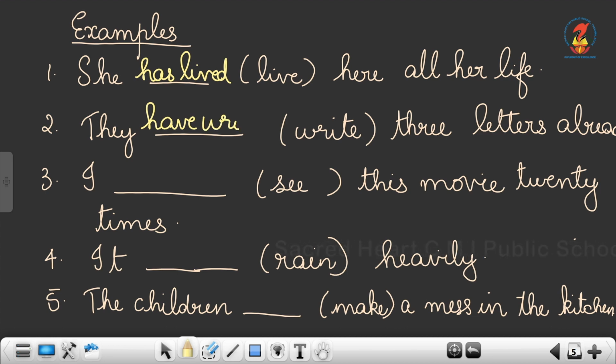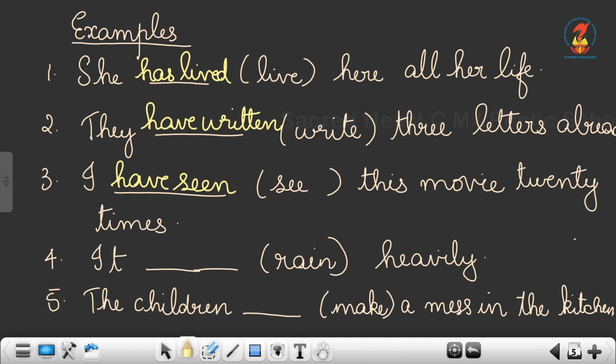So they have written three letters already. Now the next one, I dash see this movie 20 times. So I is the subject. Which one do we have to use, has or have? Yes, have. And see, past form is saw, and past participle is seen. See, saw, seen, right? So I have seen.